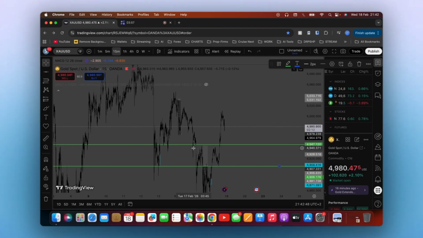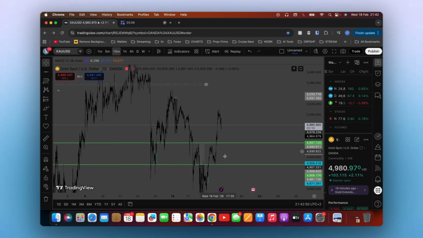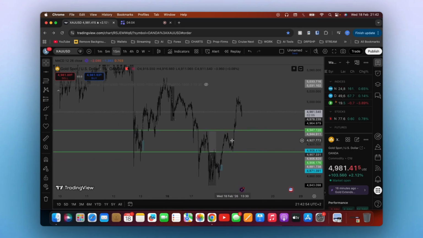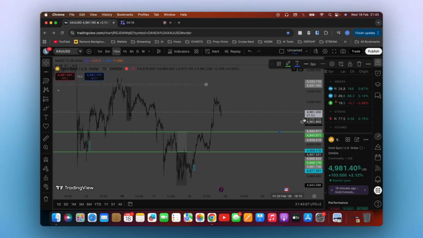Now, what we need to do is look for some sort of resistance and support levels within this MSG block. What I essentially do is get a horizontal line and then follow it to see where price is reacting off.